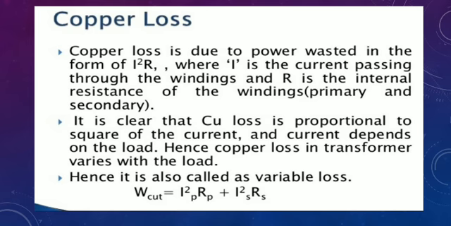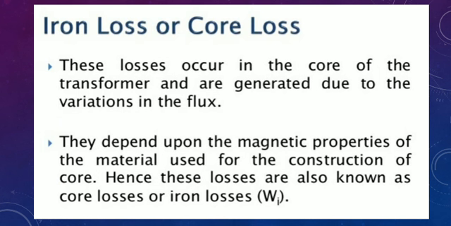Next is iron loss or core loss. These losses occur in the core of the transformer and are generated due to the variation of flux in the core, and they depend upon the magnetic properties of the material used for the construction of the core.